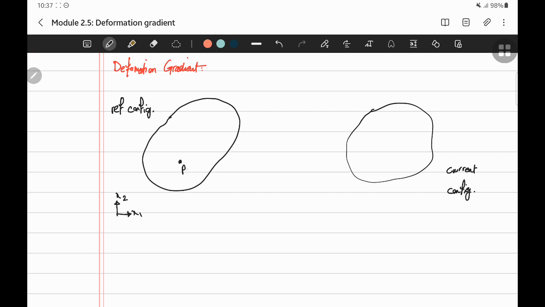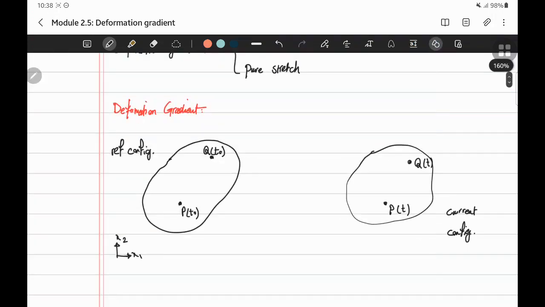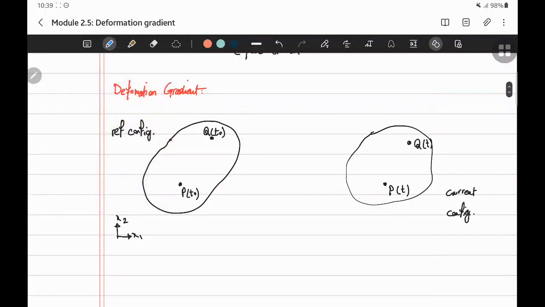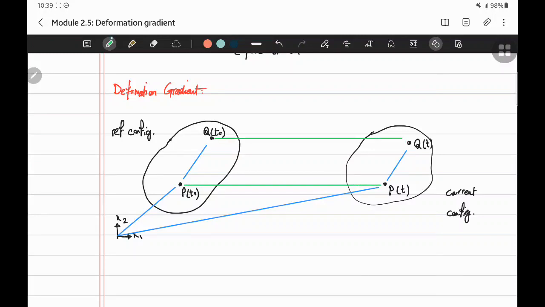We had this point P at T0, and this one was Q at T0, and there were counterpart points in the current configuration, P at T and Q at T. Then we had these vectors: capital X, small x, and then we had d small x, d capital X, and then our displacements u(X) and u(X plus dX).